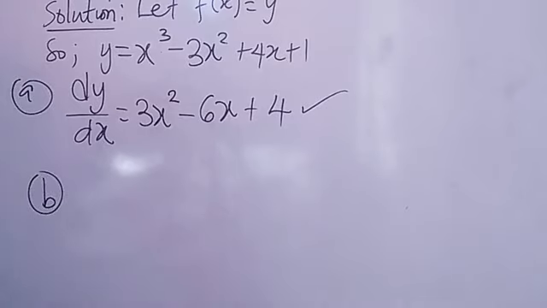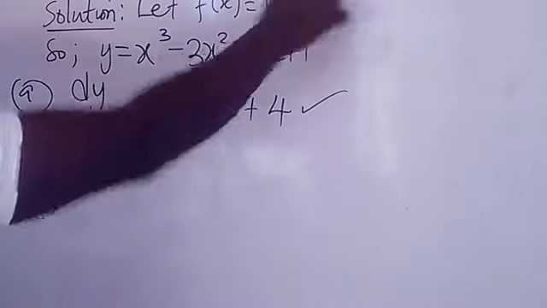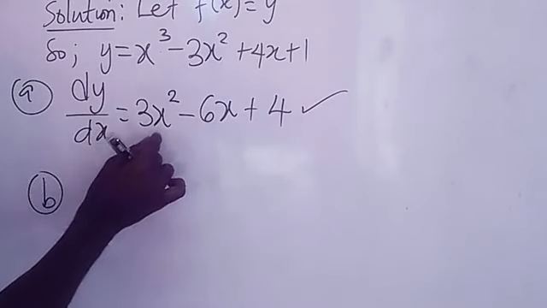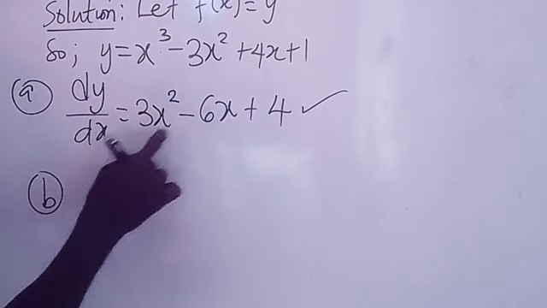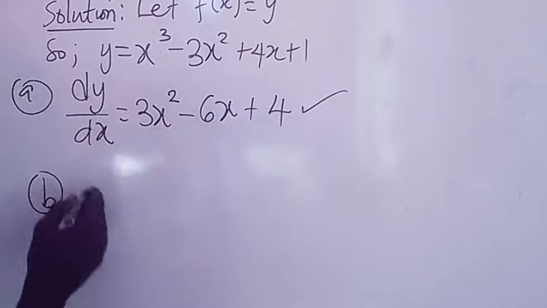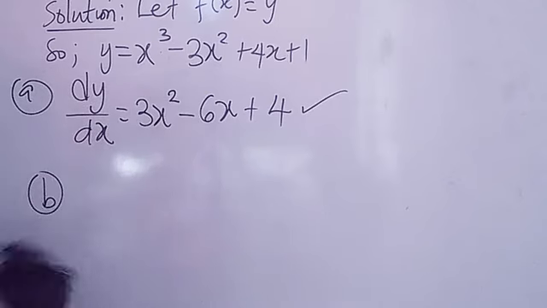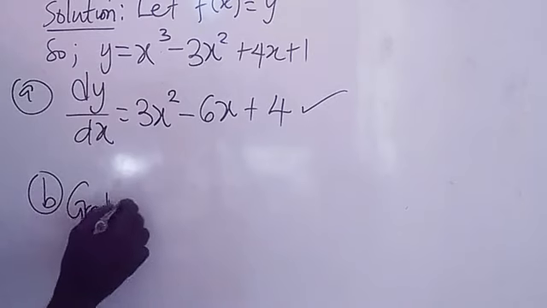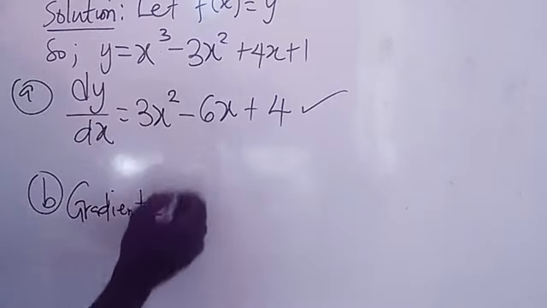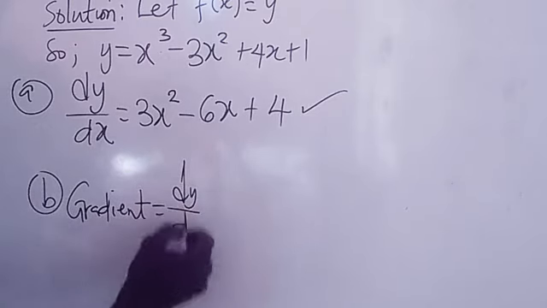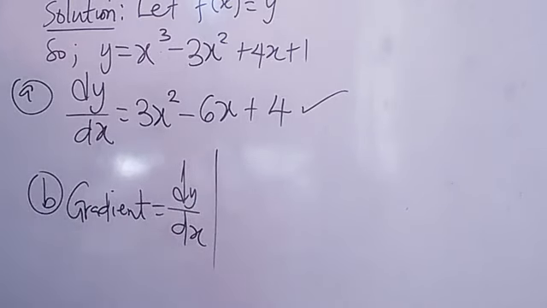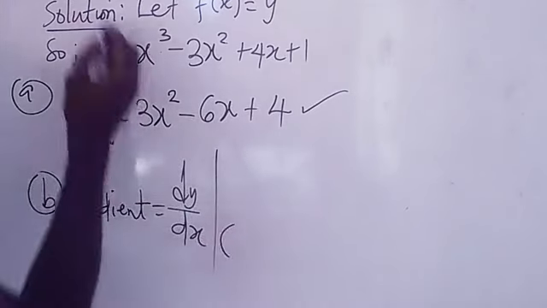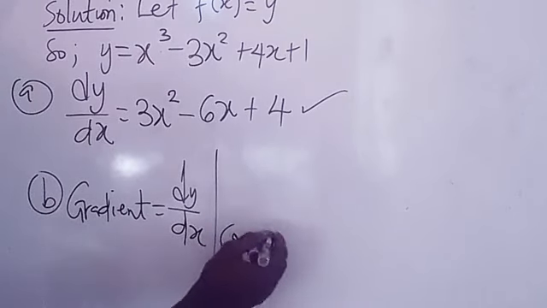Then the b, the gradient of f of x at point. Now, if we are now assigned a particular value to x, so this dy dx becomes the gradient. That is, the gradient is now going to be dy dx at, but since we are having x here to be the variable, we have the point 2, 5.